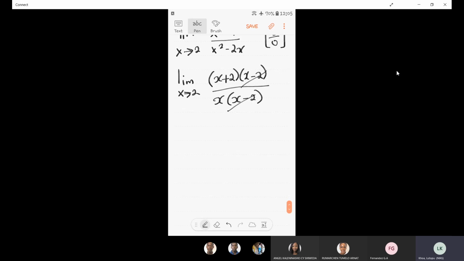So what I have is the limit as x goes to 2 of x plus 2 divided by x. And now when I substitute 2 into the value of y that I've simplified, I don't get any problems. So this is just equal to 2 plus 2 over 2, and this is equal to 2.